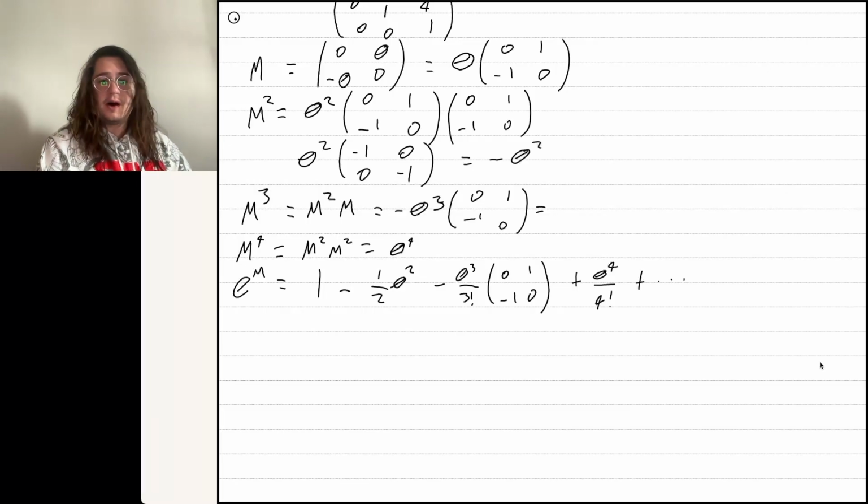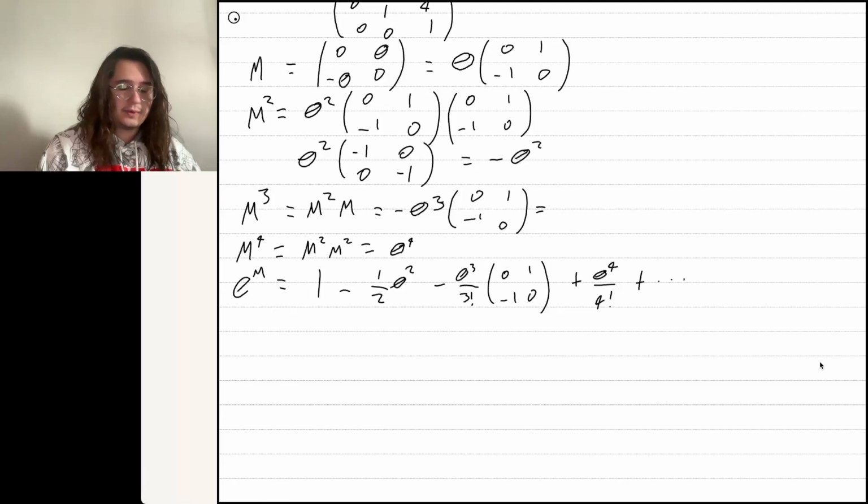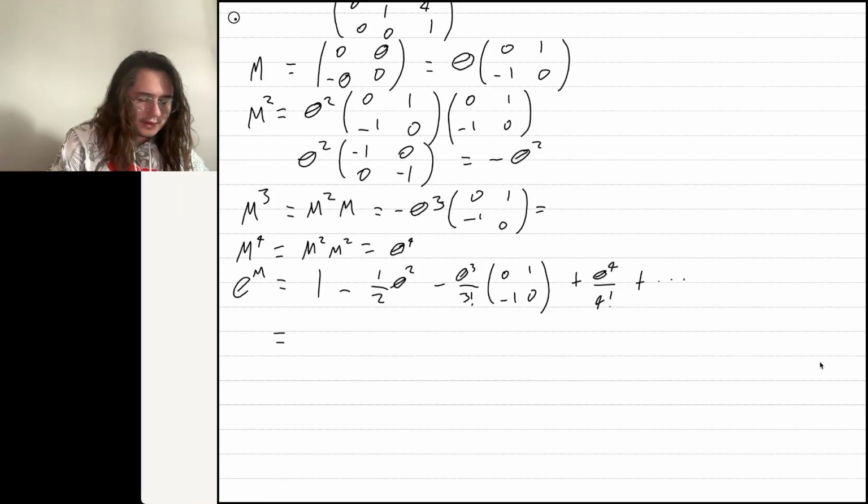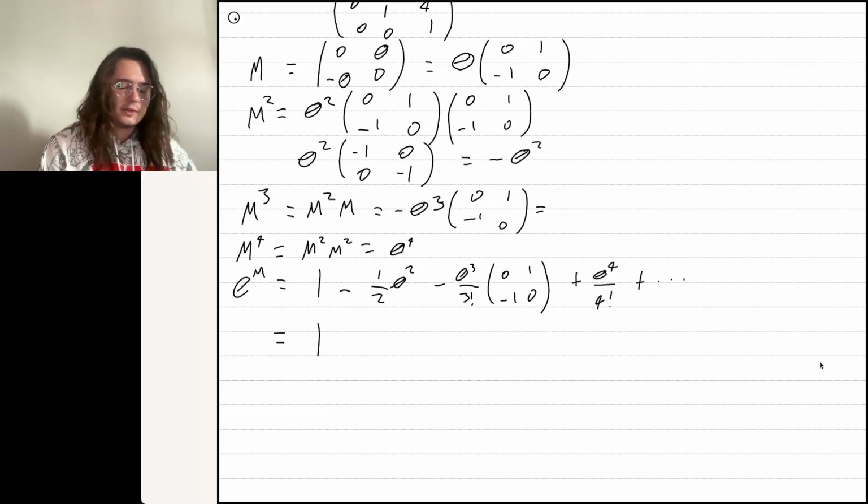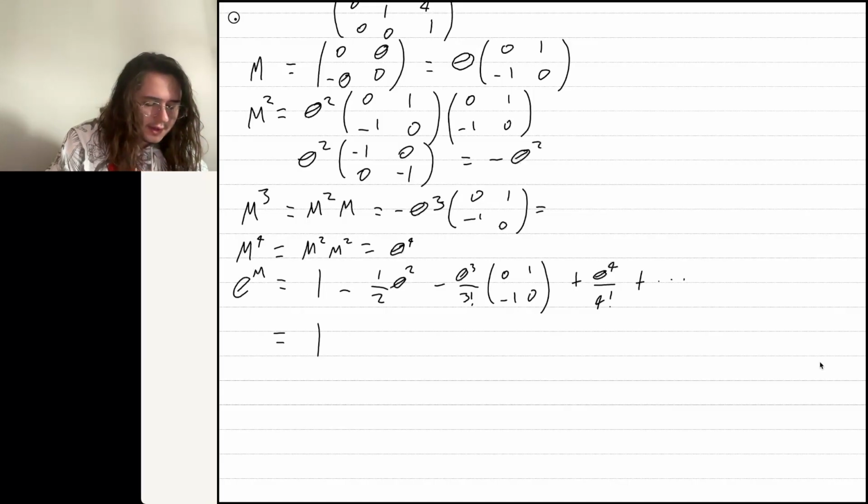So the odd terms and the even terms seem to have a particular pattern to them, right? So let's write the even terms and odd terms in terms of their own series representations, shall we?